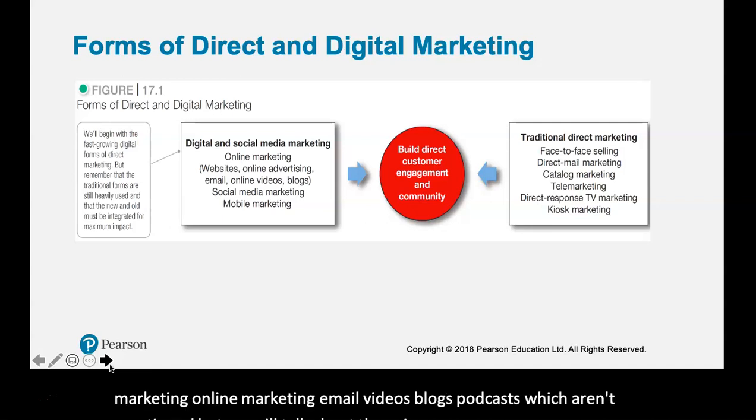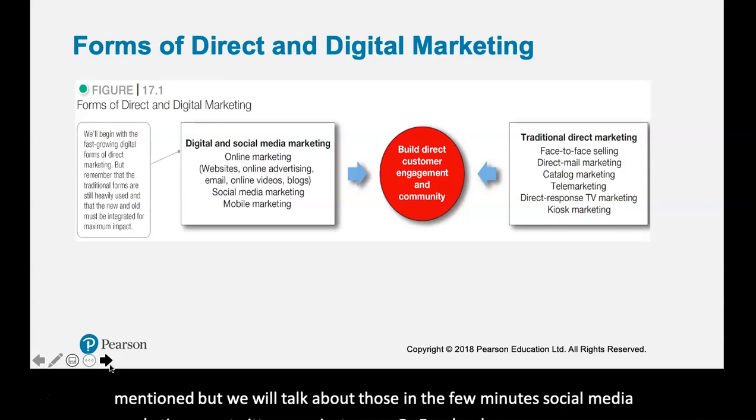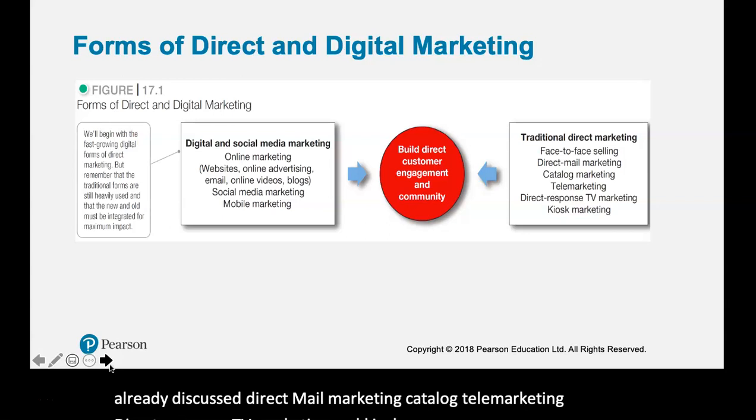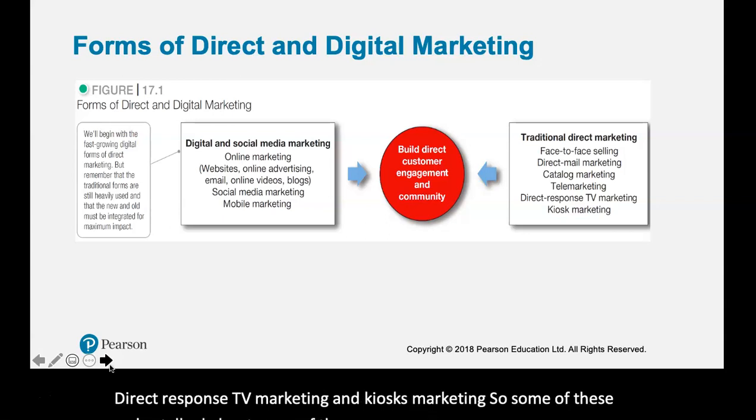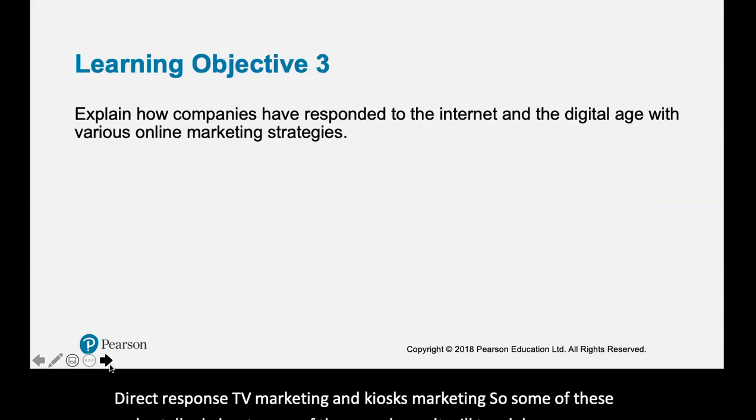Social media marketing, your Twitter, your Instagram, your Facebook, your Snapchat, all the types of social media that are out there, mobile marketing. And then on the more traditional side, you have the face-to-face selling, which we've already discussed, direct mail marketing, catalog, telemarketing, direct response TV marketing, and kiosk marketing. So some of these we've talked about, some of those we haven't, and we'll touch base on those today.